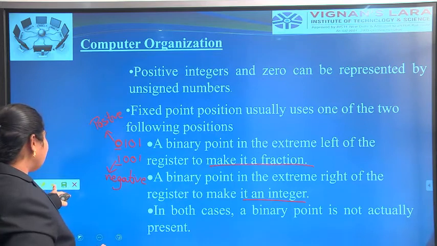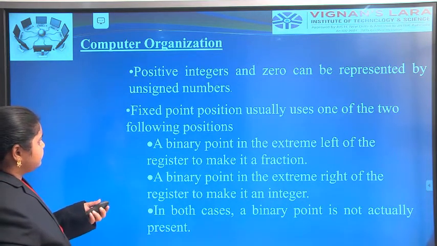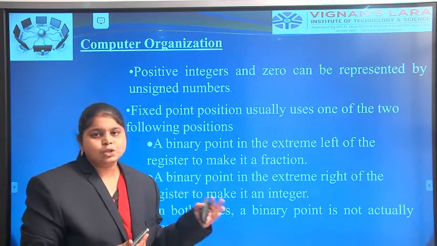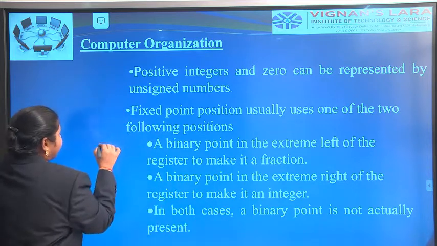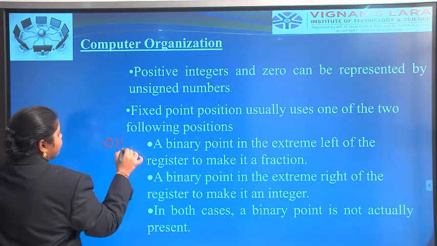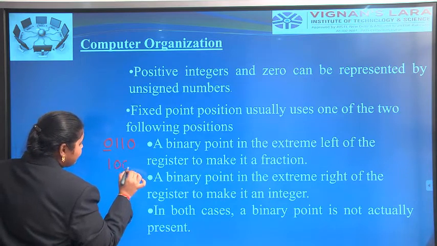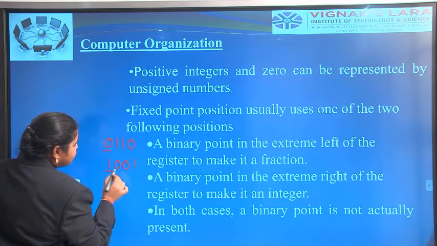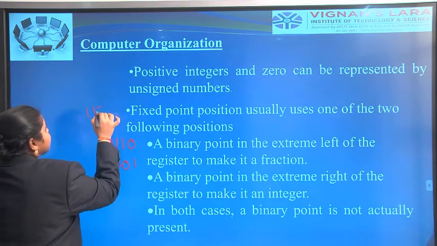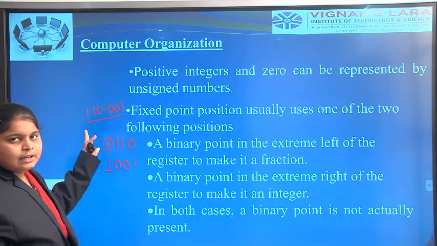Let us see the example. A positive number requires a 0 as the most significant bit. For example, take the number 0110. The most significant bit 0 is considered positive, and in another binary number, a most significant bit of 1 will be negative. For example, take 110.001, a binary number with a fraction value.